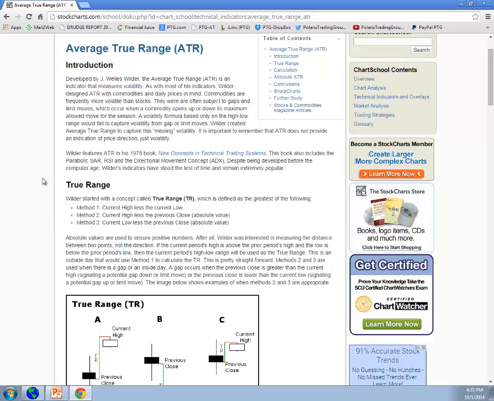Typically, the number of days originally calculated was 14. Generally speaking, using a day session chart, it would continuously calculate the highest high and the lowest low throughout a rotating period of about 14 sessions, or 14 bars.